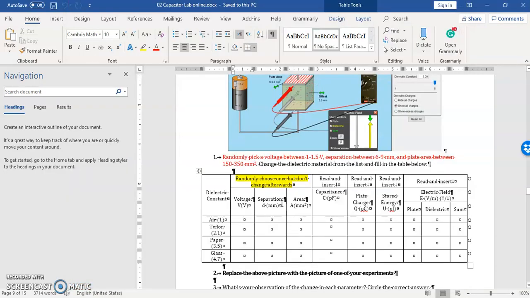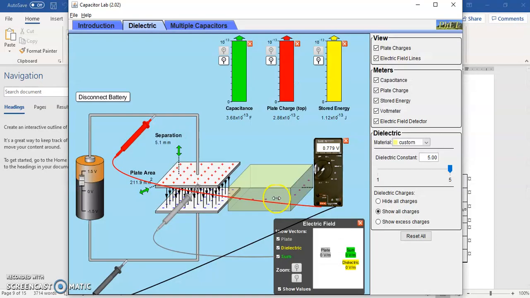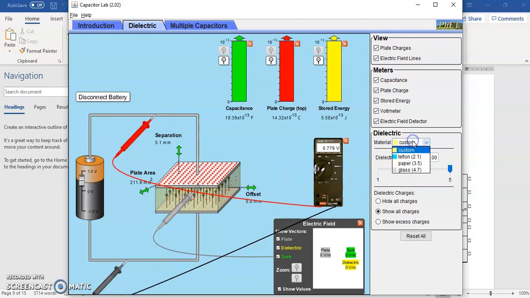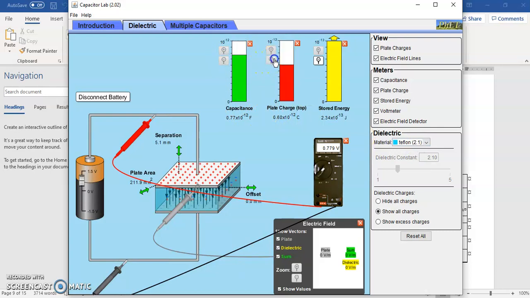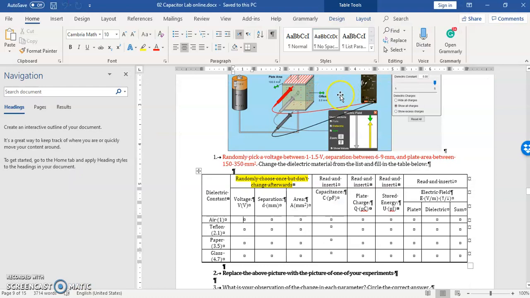So put the dielectric in and do the exact same things as you were doing before. Without a dielectric it is basically air. Then put the dielectric in. You choose the dielectric to be Teflon, and then read the capacitance. If these are maxing out, you can always put it on the negative and make it smaller to get to the scale that you want.